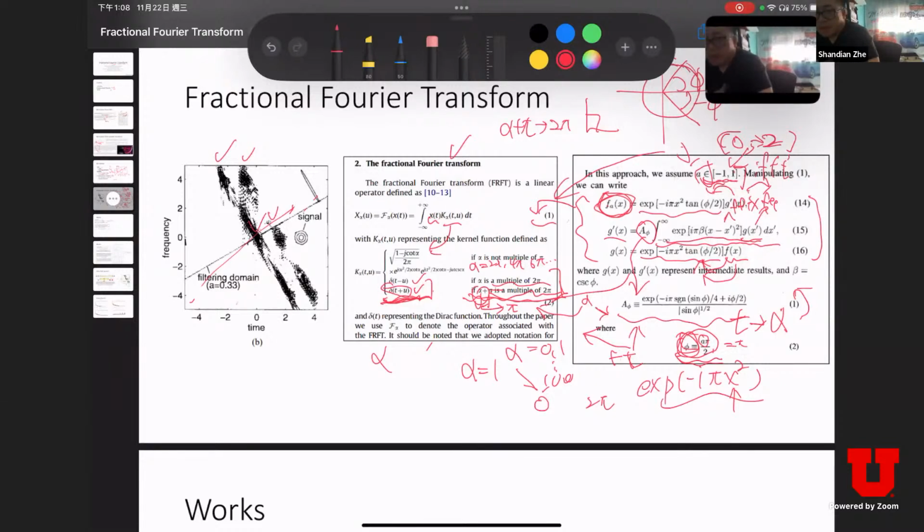What is the tangent function of pi? So sine pi over cosine pi. It should still be valid, right? Yeah, sine phi will be 0, so the tangent of phi will be infinity.